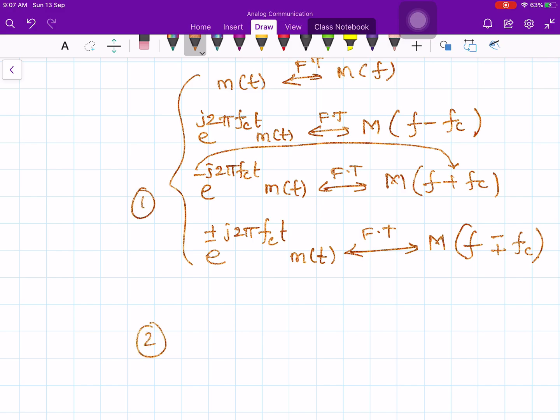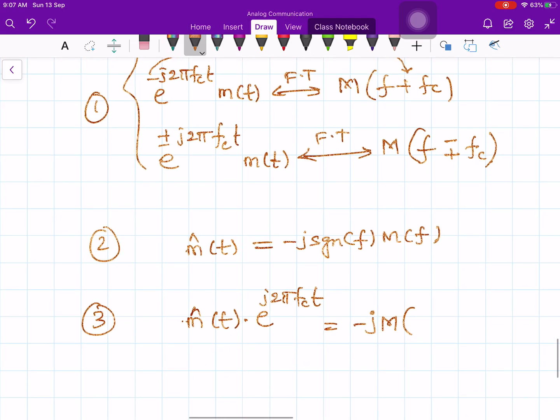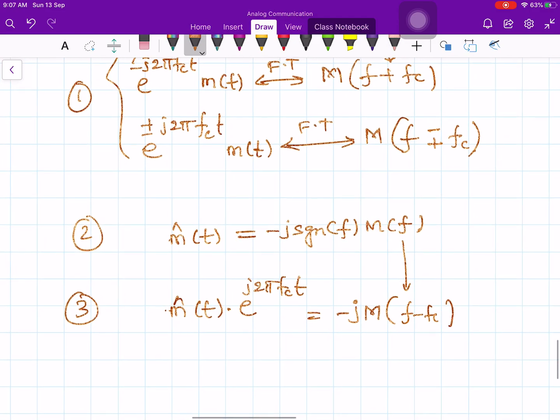And from the Hilbert transform, what is your m cap of t? The Hilbert transform, m cap of t, is, as I just said, minus j times signum of f times m of f. And the third property, which we also did in the class: the Hilbert transform of m of t multiplied by e to the j 2 pi fct becomes minus j times m of f, where this f must be replaced by f minus fc.